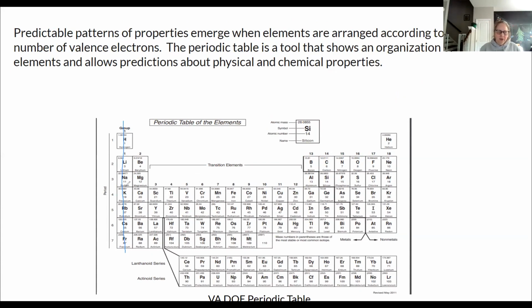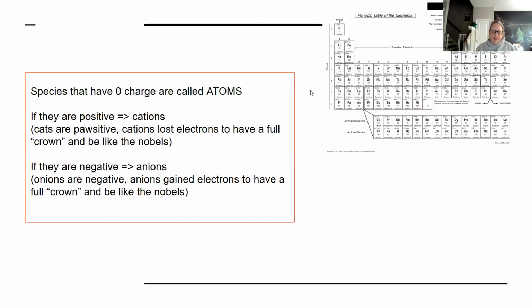Okay, so for group 1, when exposed to water, as you go down, they have more and more violent reactions with water. So that's one of those types of properties there that the groups share. Okay, so what else can we look at when we are looking at those similar properties?